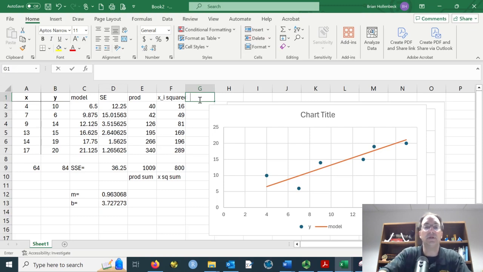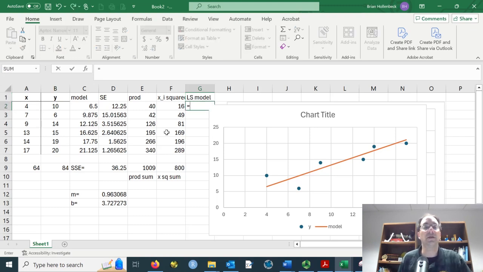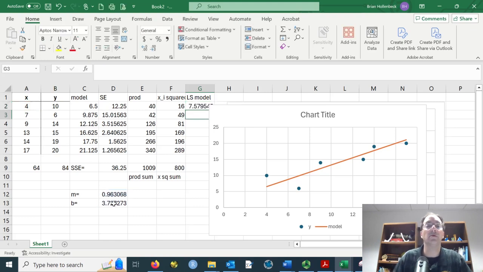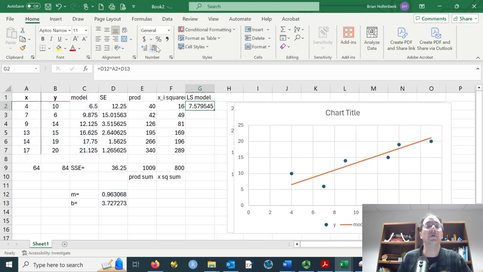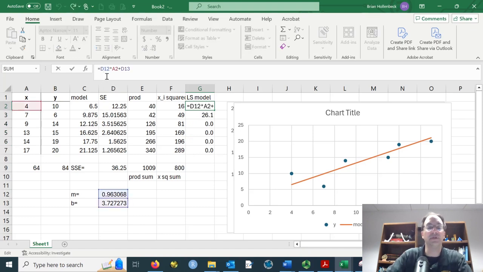All right, so let's see how we did. So the least squares model is going to be m times our x value plus our b value. Again, we don't need all these decimal places. We need to put dollar signs around the 12 and the 13.